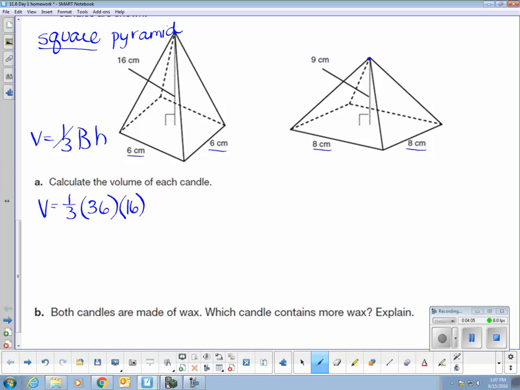And when we talk about the height, we talk about the distance from the point at the top straight down, perpendicular to the center point in the middle, right here. All right, so the height goes from the point at the top, the vertex, all the way down to the middle point at the bottom of the base.